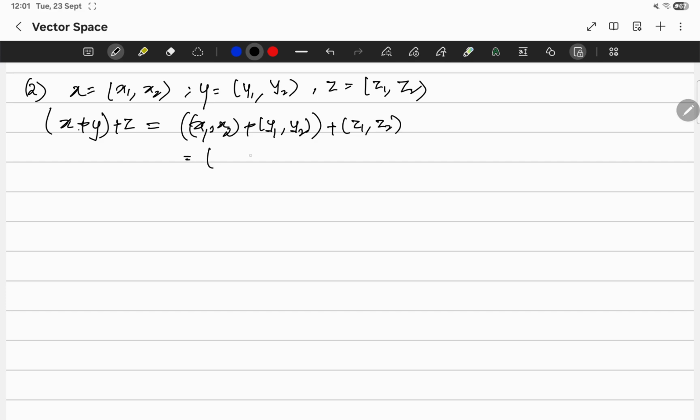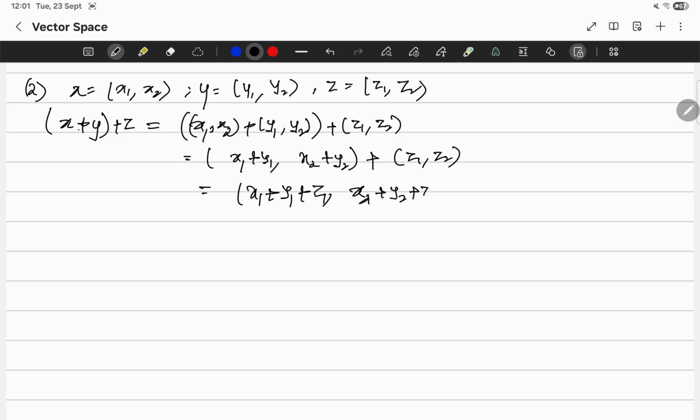It will be equal to x1 plus y1, x2 plus y2 plus z1, z2, which is x1 plus y1 plus z1, x2 plus y2 plus z2.